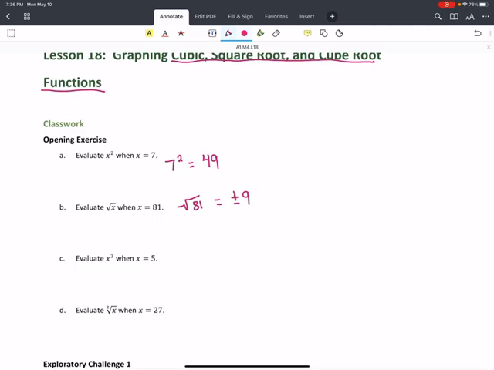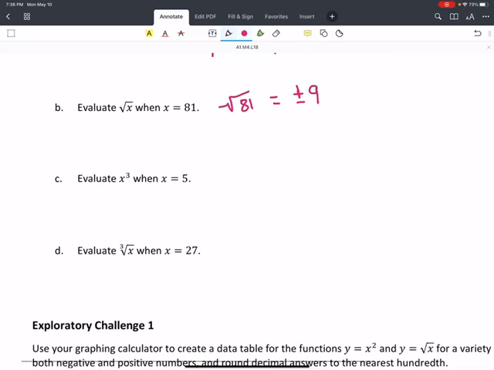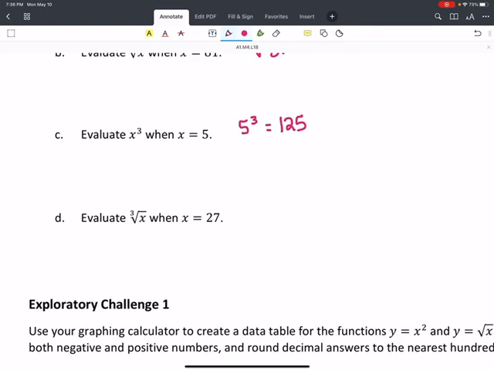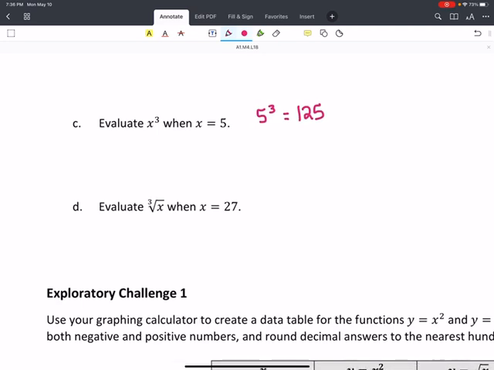C says evaluate x to the third, or x cubed, when x is 5. So 5 to the third is 5 times 5 times 5. So 5 times 5 is 25, times 5 is 125. Part D says evaluate the cube root of x when x is 27.